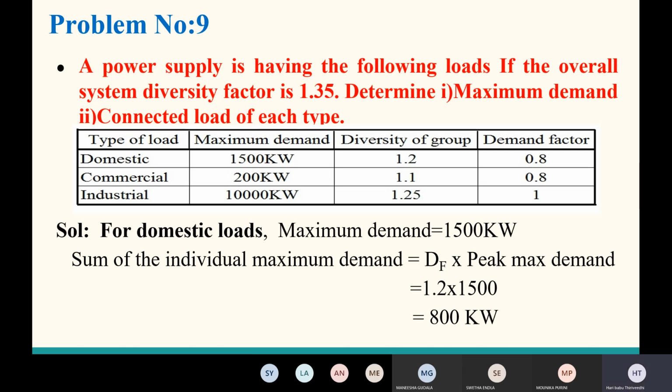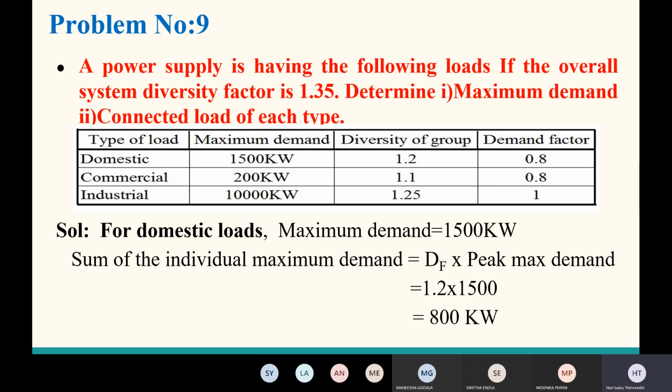We know the sum of individual maximum demands, and we know the diversity factor. From that, the maximum demand of the station is equal to the sum of individual maximum demands divided by the diversity factor of the system.